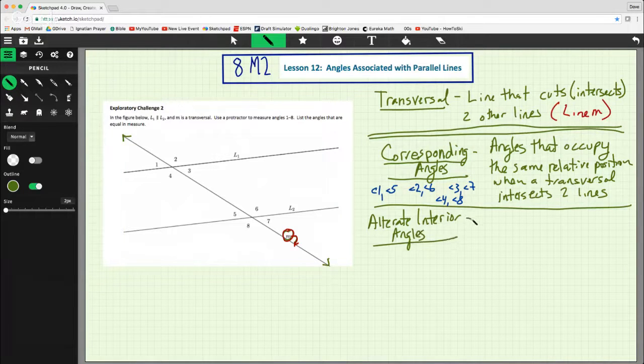And this is kind of interesting terminology, but the key is, alternate interior angles are angles on opposite, and let's follow these words, on opposite sides of the transversal and inside the 2 other lines.